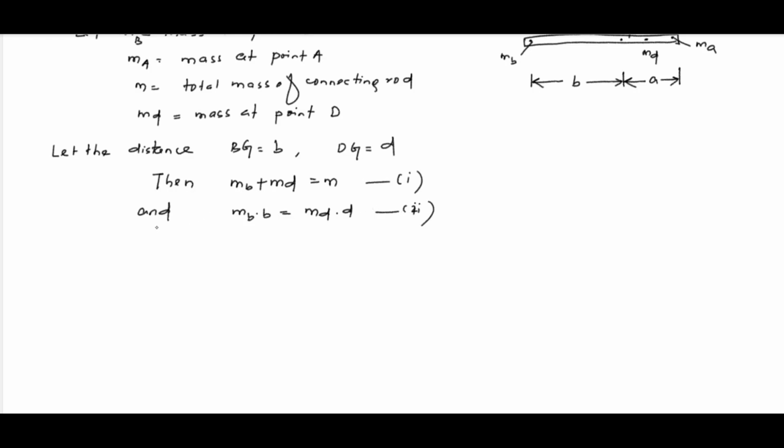From equation 2, we have MD equal to MB times b by d. Let's say this is equation 3.